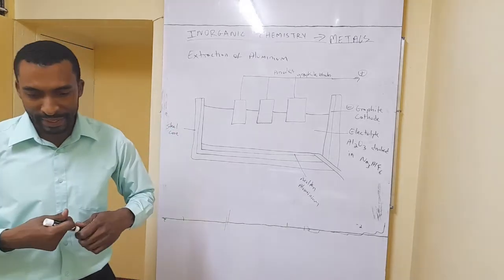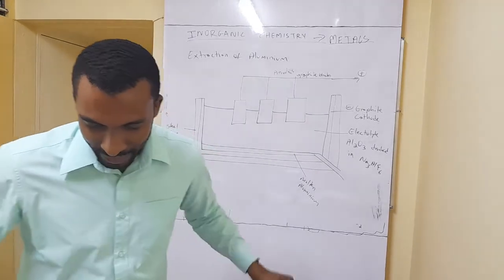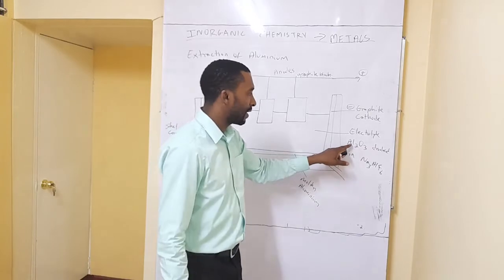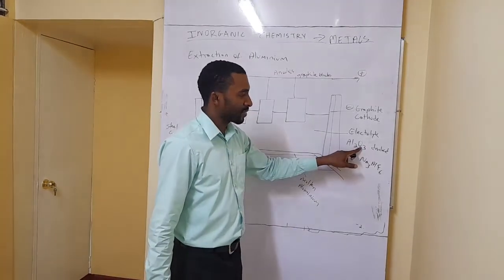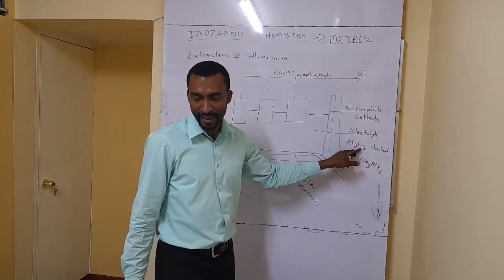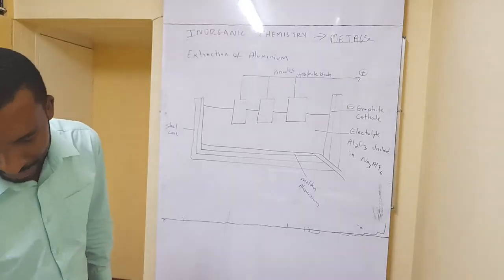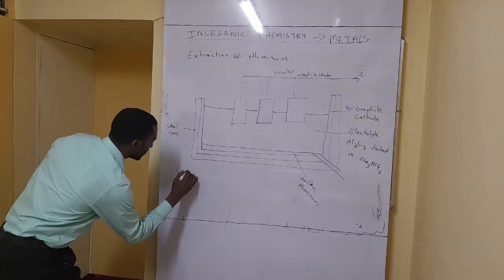Good. And then we have to know the reaction that will take place. So we know that we have aluminum 3 plus, oxide 2 minus, right? So in the exam, you have to know the reaction that's taking place at the cathode and the reaction that is taking place at the anode, alright? Okay.